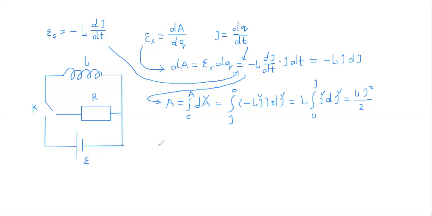So according to this, we can write that the magnetic energy of the magnetic field in some element with inductance L is equal to L I to the power of 2 divided by 2. We have just proved this formula. Okay, do you have any questions about this?